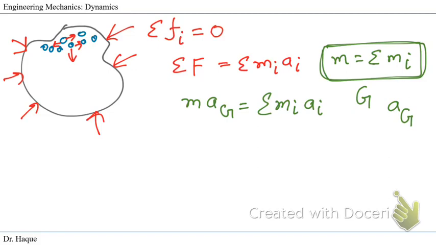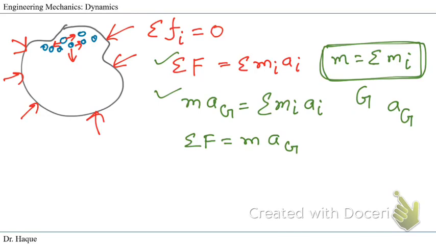And from these two equations, we can say the summation of all external forces equals the entire mass of the body times the acceleration of the center of mass.